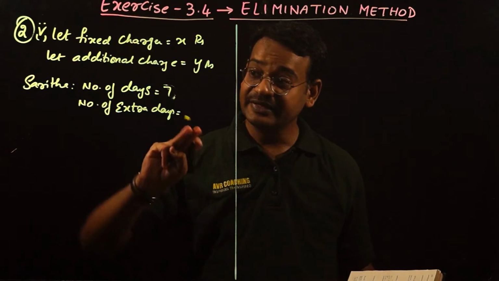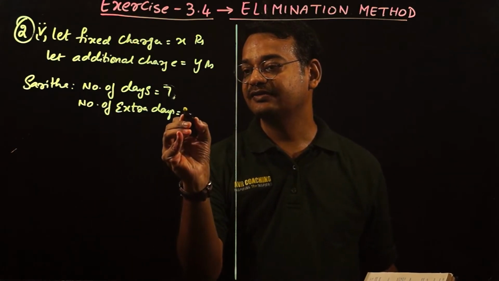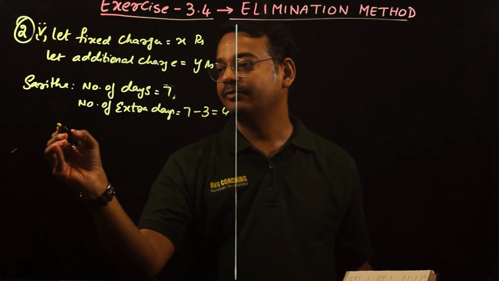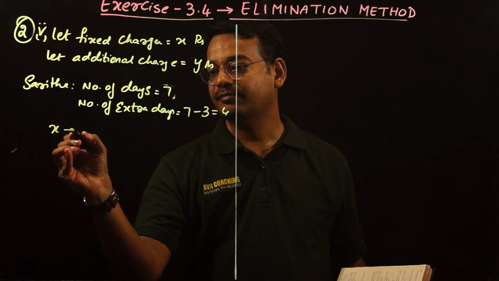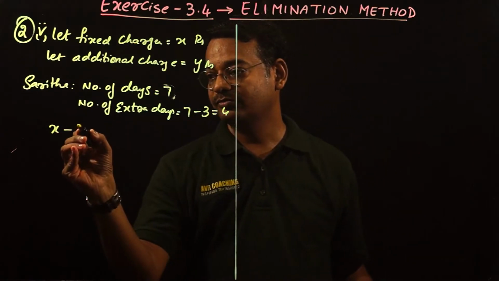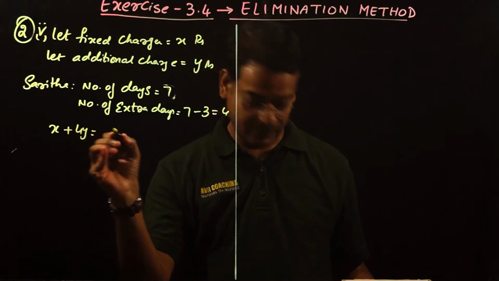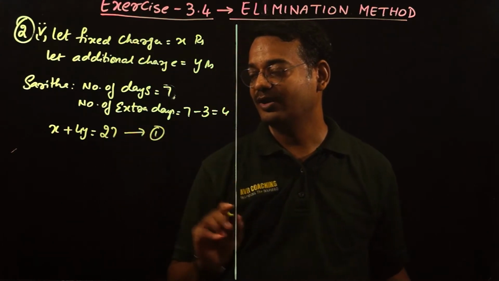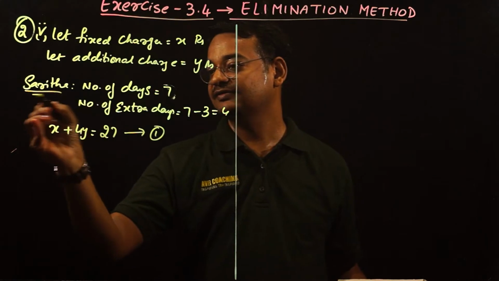Only after 3 days. So the number of extra days is 7 minus 3, which is equal to 4. So the equation will be x plus 4y is equal to 27, how much she paid. This is equation 1, for Sarita.